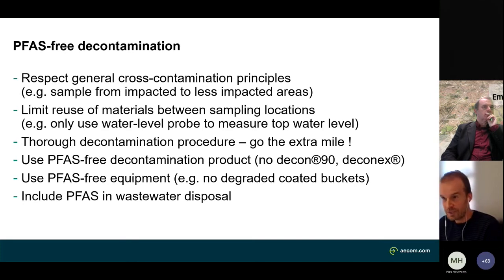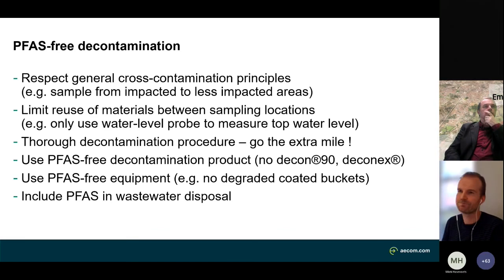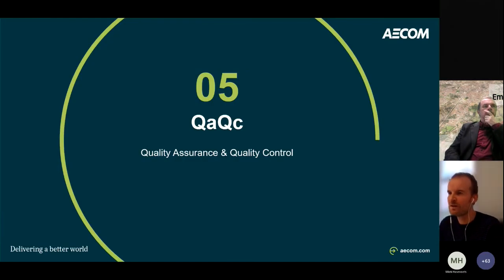Use PFAS-free equipment for your decontamination process. For example, use intact PE buckets for your washing instead of old, possibly degraded coated buckets, because you don't know if they maybe are fabricated with the use of PFAS. And also include PFAS in the wastewater disposal.